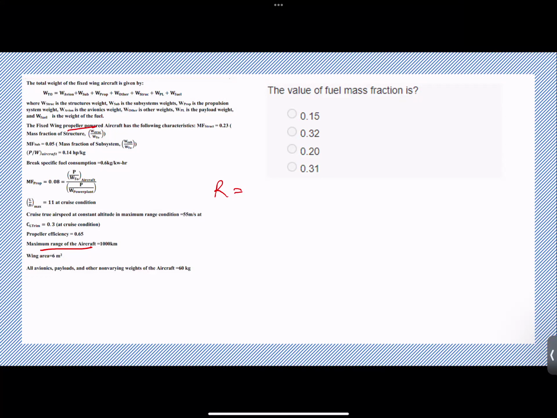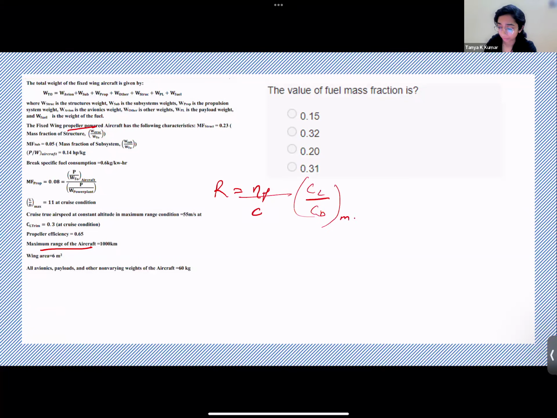So it was propeller efficiency by SFC, right? SFC was represented by C. You have CL by CD or L by D max, same ratio, and then you have ln initial by final. Okay. Try starting at this equation. Try reaching the fuel mass fraction, and try to find out the steps.